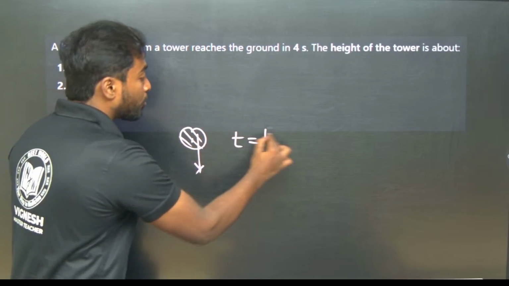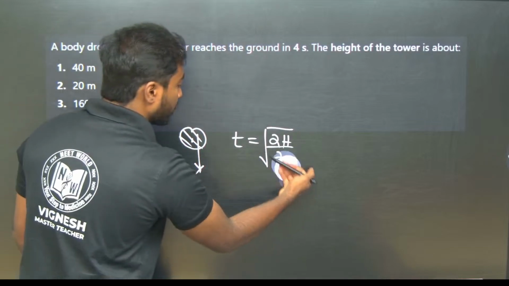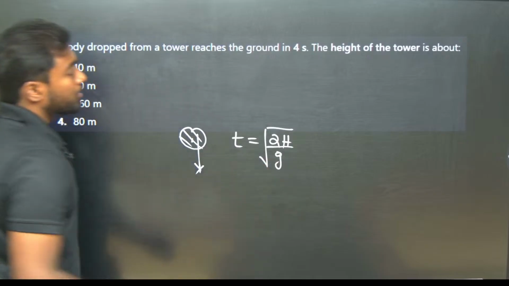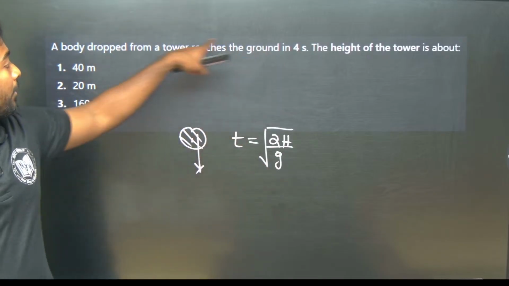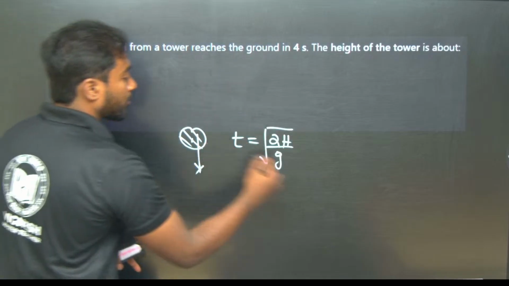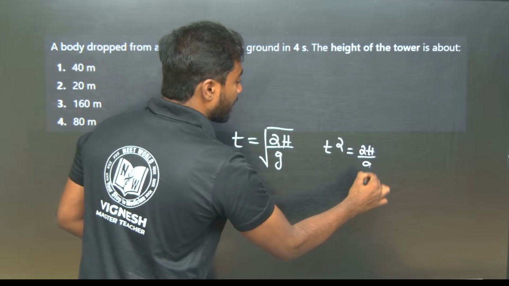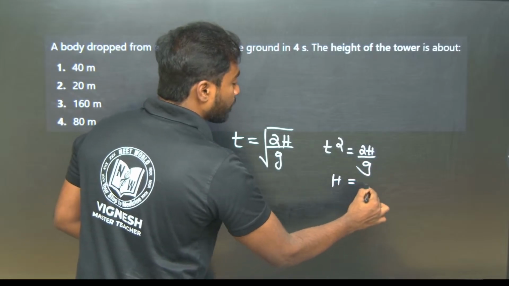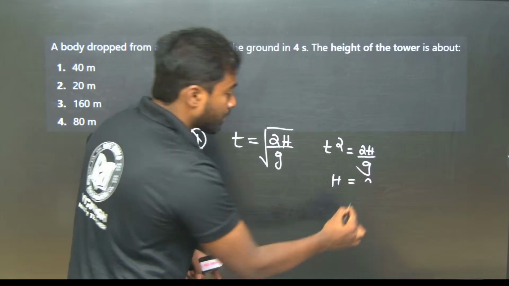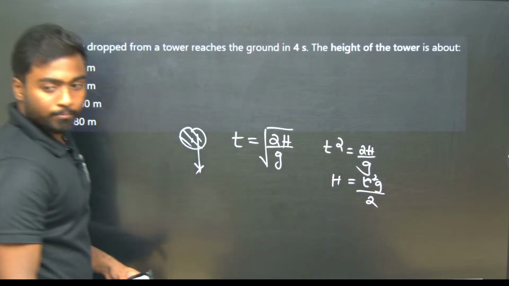Root over 2h by g. So they are asking the height of the tower, right? With 4 seconds, t square is equal to 2h by g, where h is equal to t square g by 2.